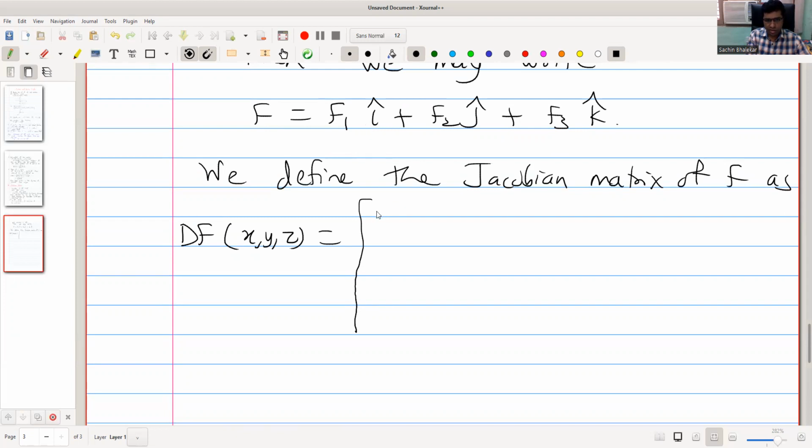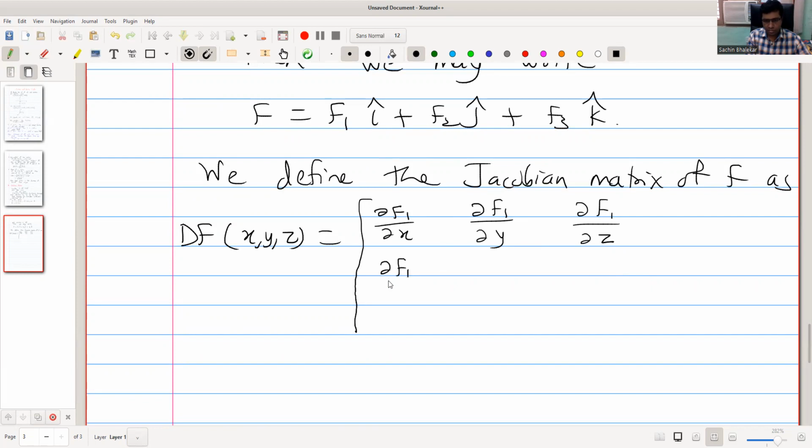Partial derivative of f1 with respect to x, then the second entry is partial derivative of f1 with respect to variable y, and the third entry is partial derivative of f1 with respect to variable z. So in the first row we consider partial derivatives of this coordinate f1 with respect to x, y, and z. Similarly, second row will be for f2 and third row for f3.